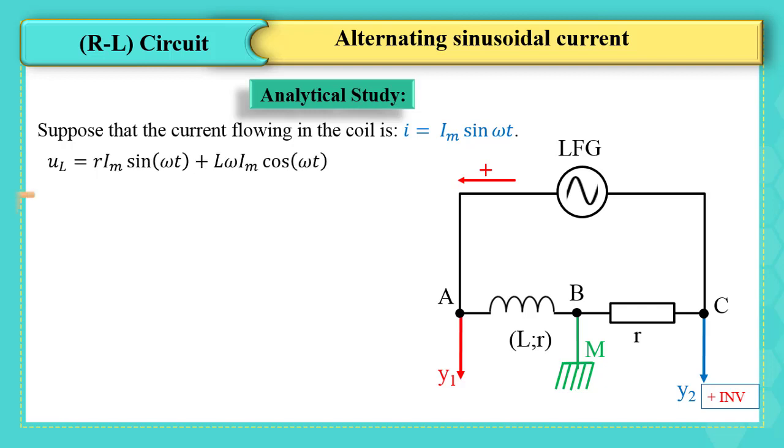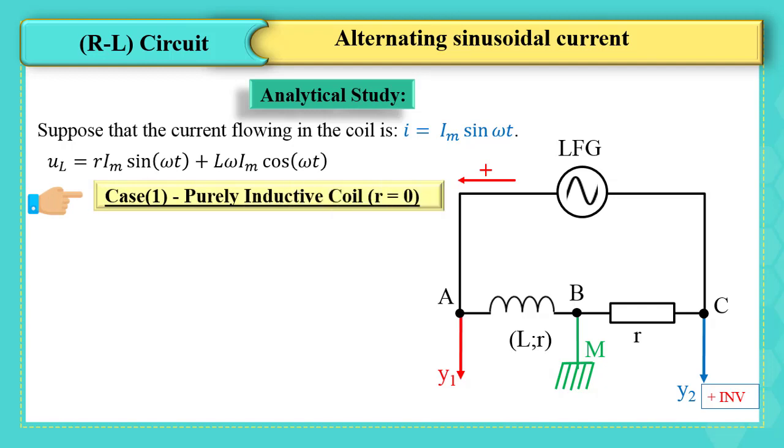Case 1, purely inductive coil, where r is equal to 0, the internal resistance of the coil. In this case, the voltage of the coil can be written as L omega Im cosine omega t, and this expression can be written in the form of L omega Im sine omega t plus pi over 2.